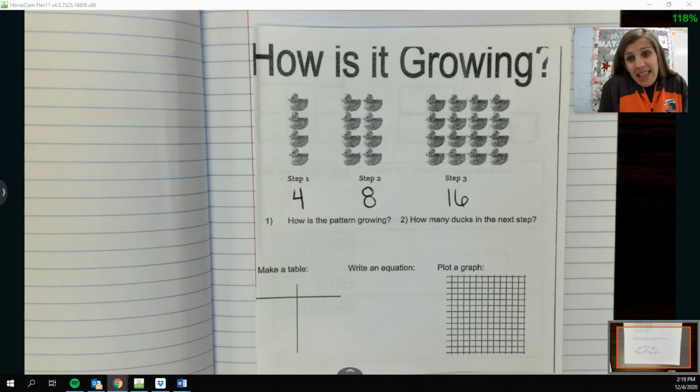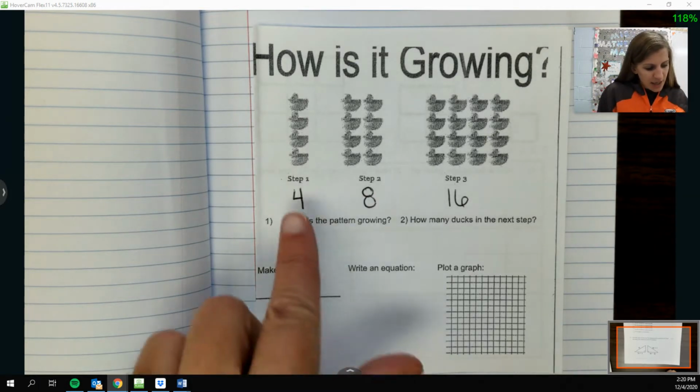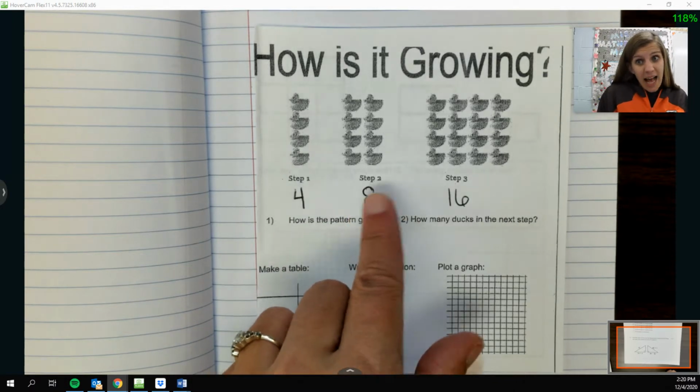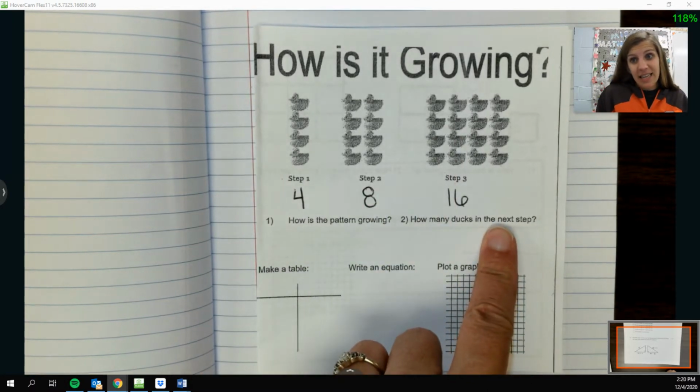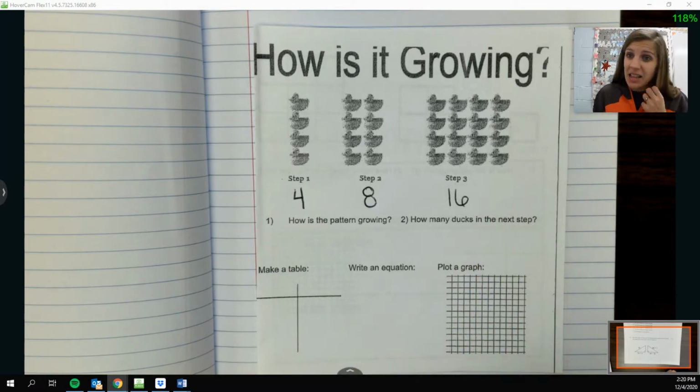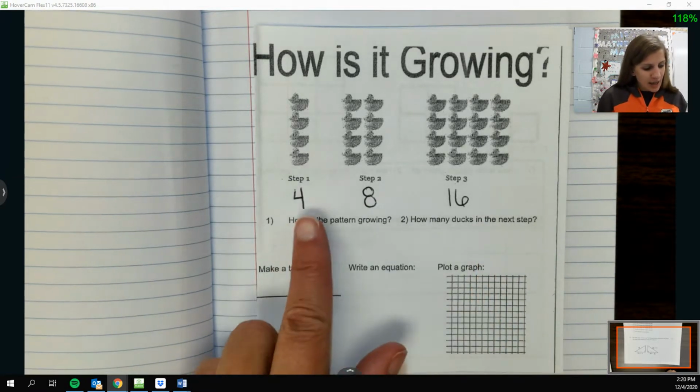So if I try to think about adding the same number every time like we did for linear ones, I don't think that will work here, because 4 plus 4 is 8, but if I try to add 4 again, I don't get to 16. That's only 12.